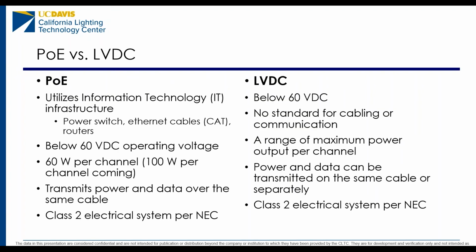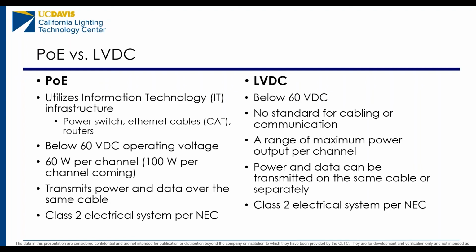So here are some of the differences between these two categorizations that we came up with. As I mentioned earlier, PoE lighting systems use information technology infrastructure such as power switches, CAT cables, routers, and IP communication. They also conform to Cisco's UPoE standard, and they operate below 60 volts DC and 60 watts DC per channel.